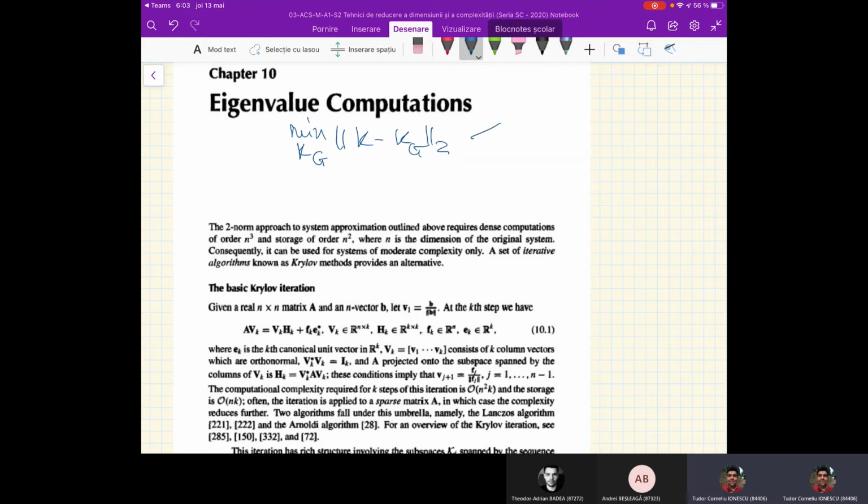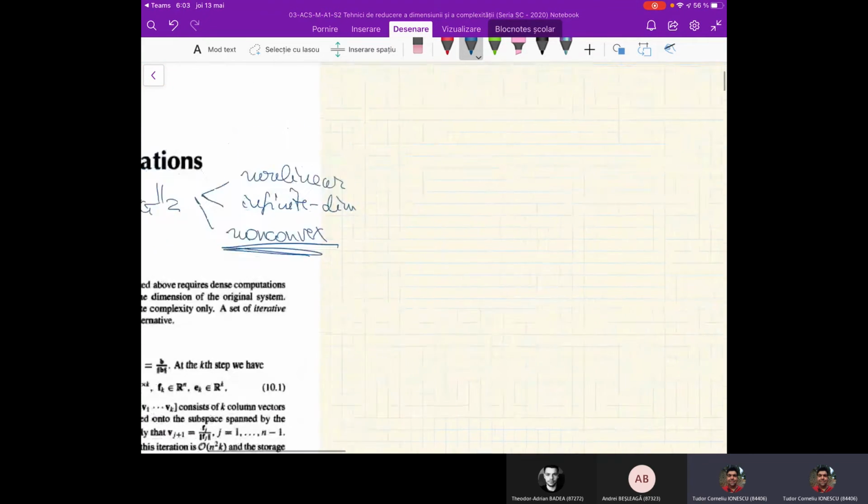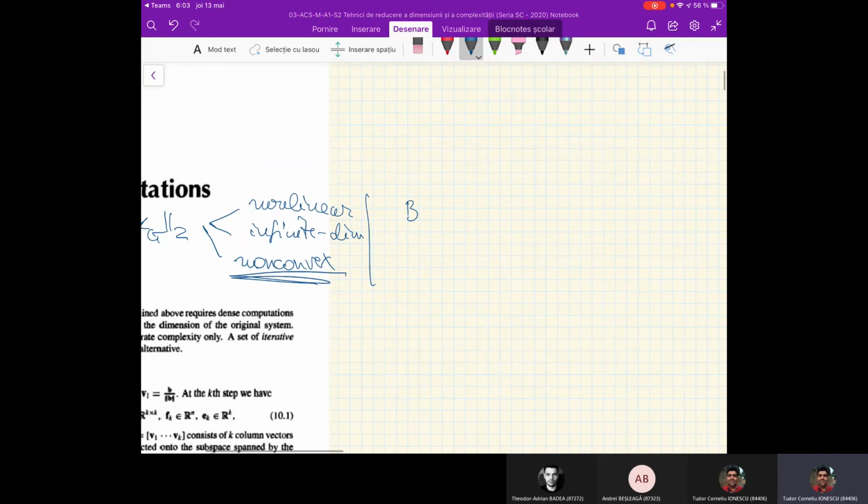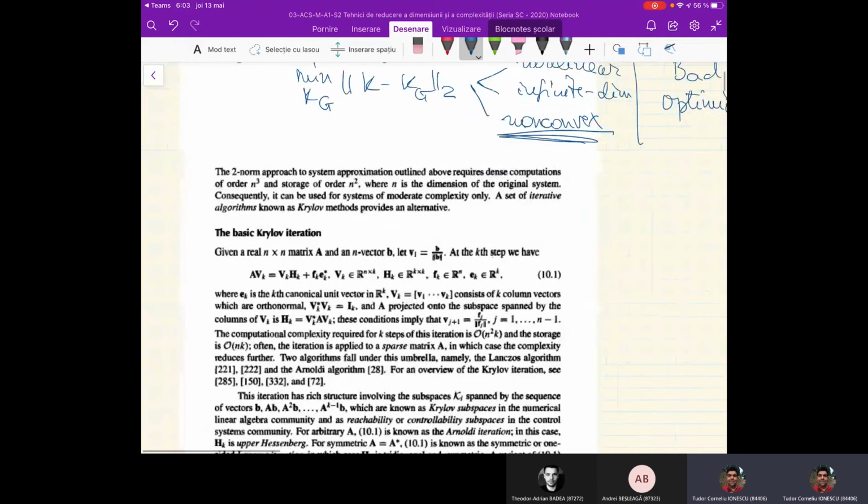Now, this is a bad problem. It's nonlinear from an optimization point of view. It's infinite dimensional. And the worst part, it's non-convex. So it's a bad optimization problem, and we have to do something about it.